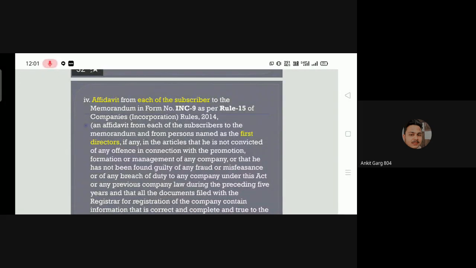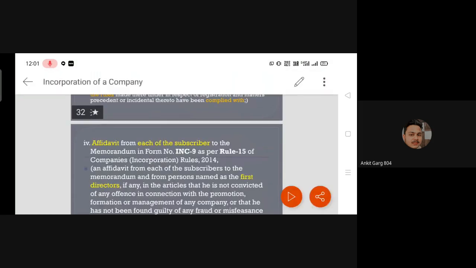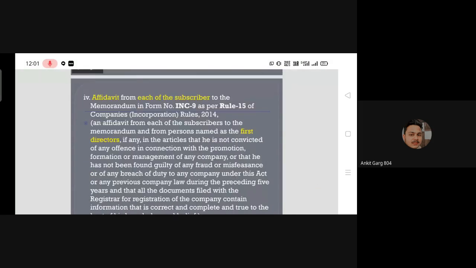Now the necessary thing is the affidavit, which is very important, from each of the subscribers to the MOA in Form INC 9 as per Rule 15 of the Rules 2014.